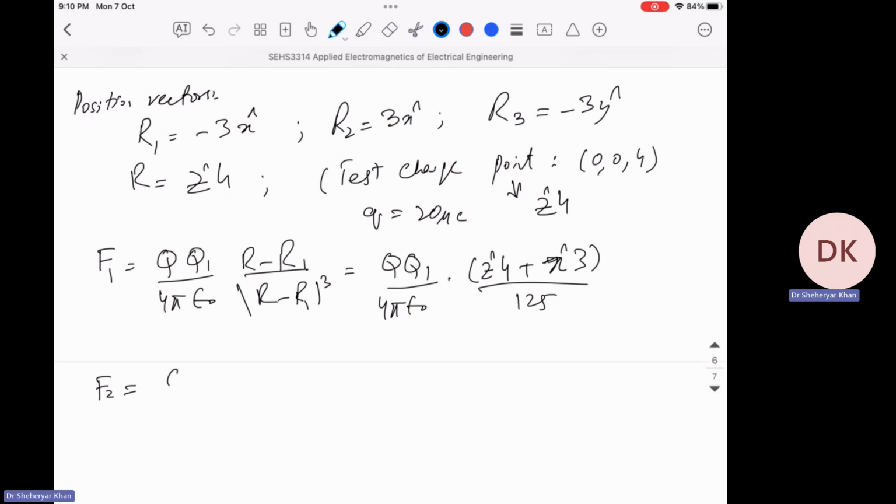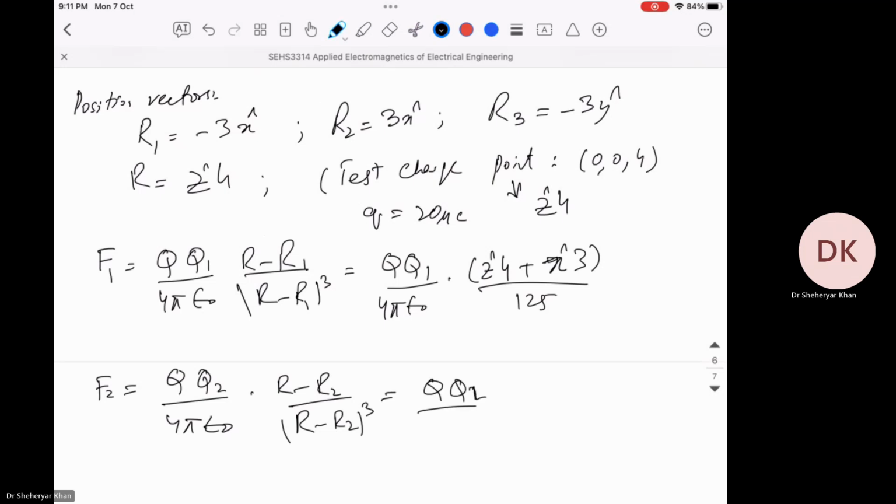Similarly, F2 is R minus R2. R minus R2 is z4 minus 3x. First the amplitude, 4 square plus 3 square under root.